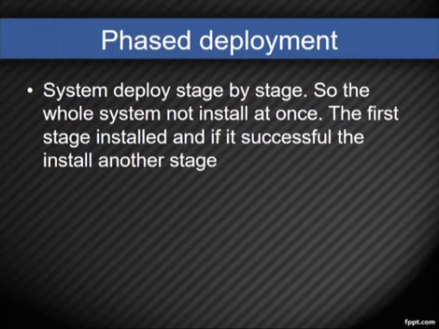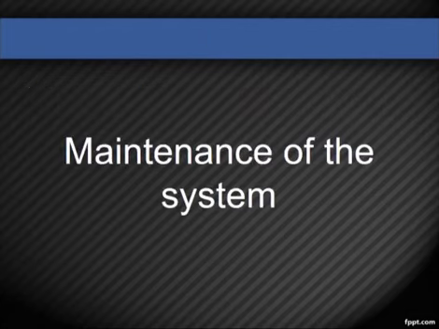If it is working perfectly, we can have a new version and check in stages, not the whole system. We install stage by stage. That is phase by phase. That we call the phase deployment.